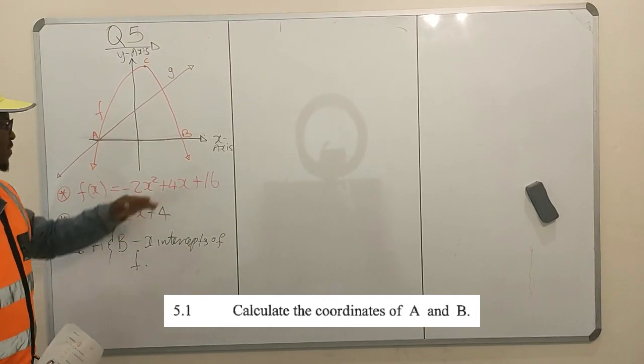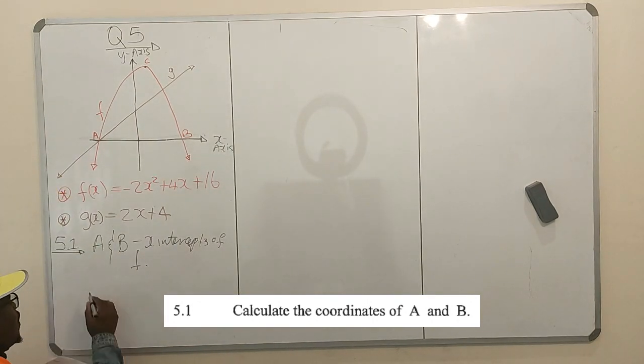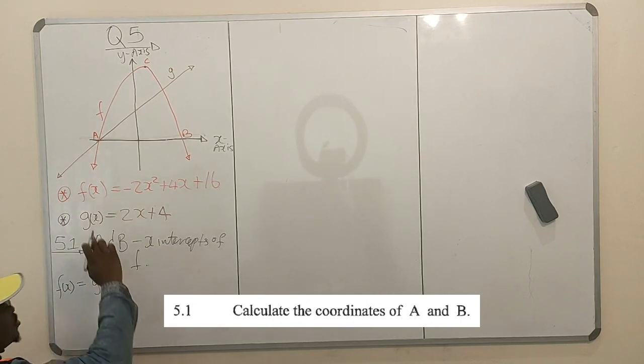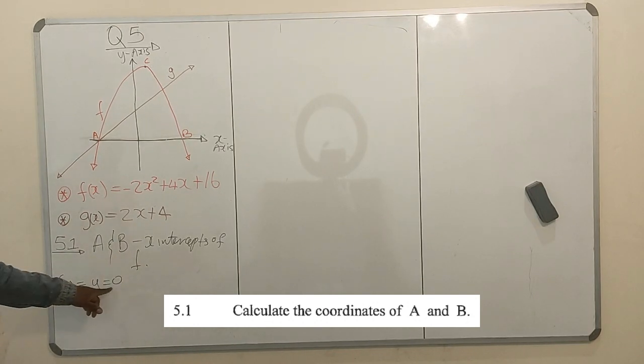So you know that f of x is 0 along that line. So you want to find the values of x that correspond to y being 0. That's what you're looking for.